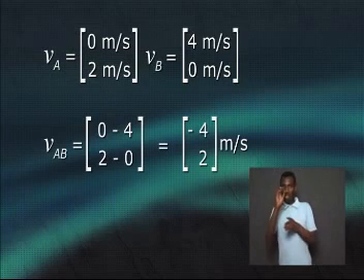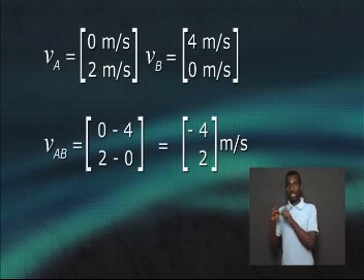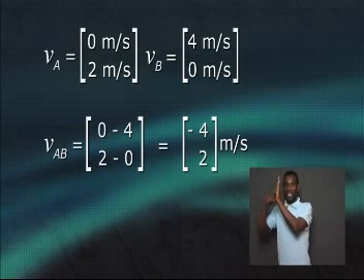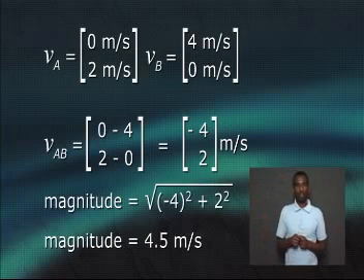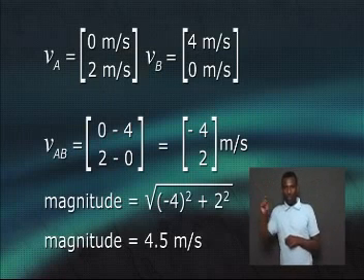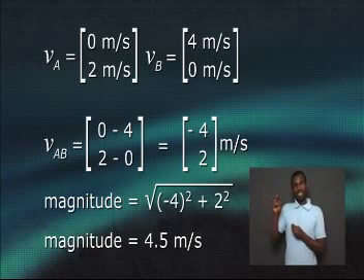We can use the parallelogram theorem to find the magnitude of relative velocity. The square root of -4 squared plus 2 squared is about 4.5 meters per second.